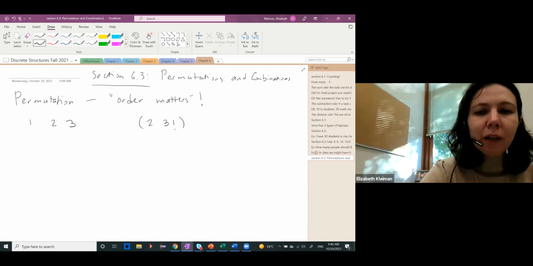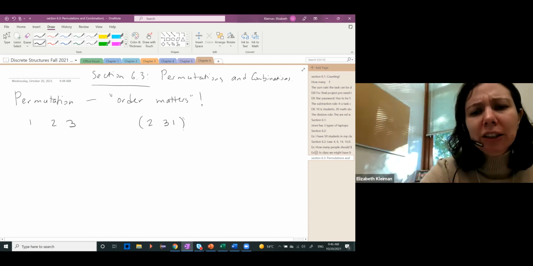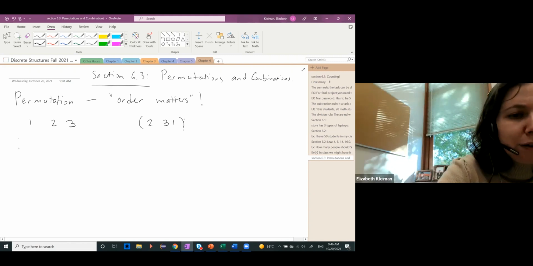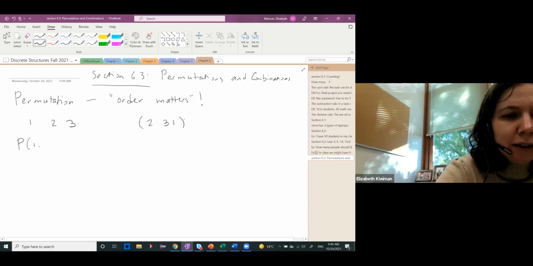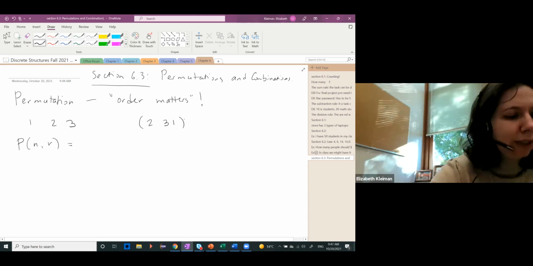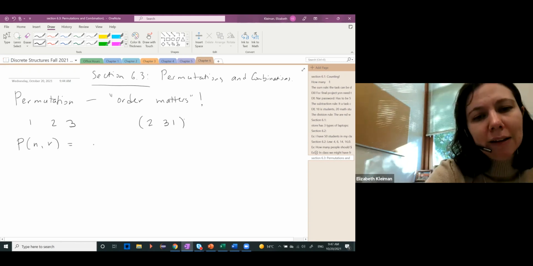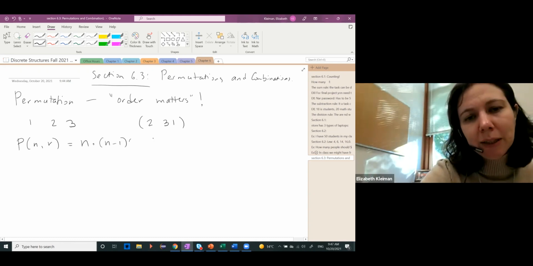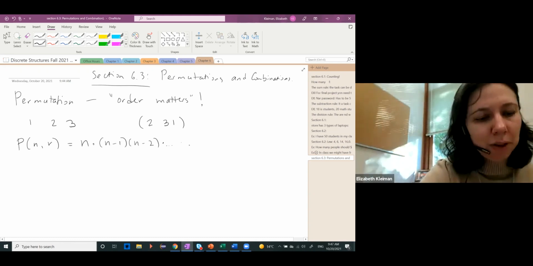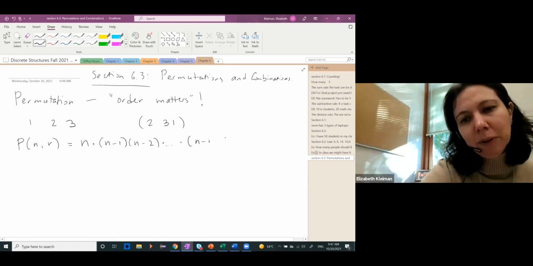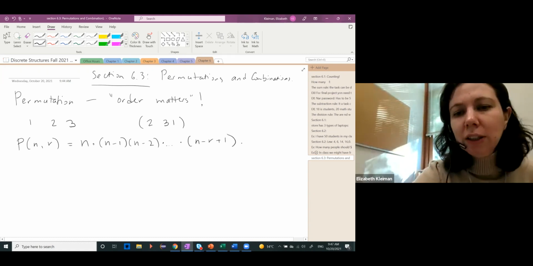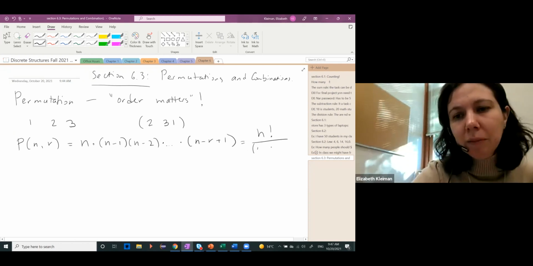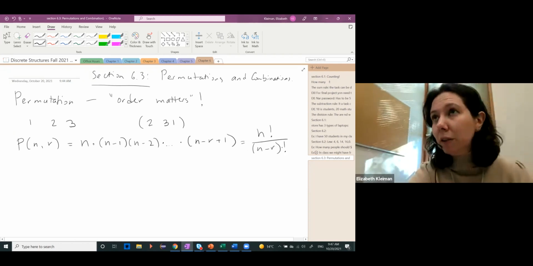Now, how many permutations can I have? So P(n, r) is defined to be n multiplied by n minus 1 multiplied by n minus 2 multiplied by ... n minus r plus 1, which is the same as n factorial over n minus r factorial.